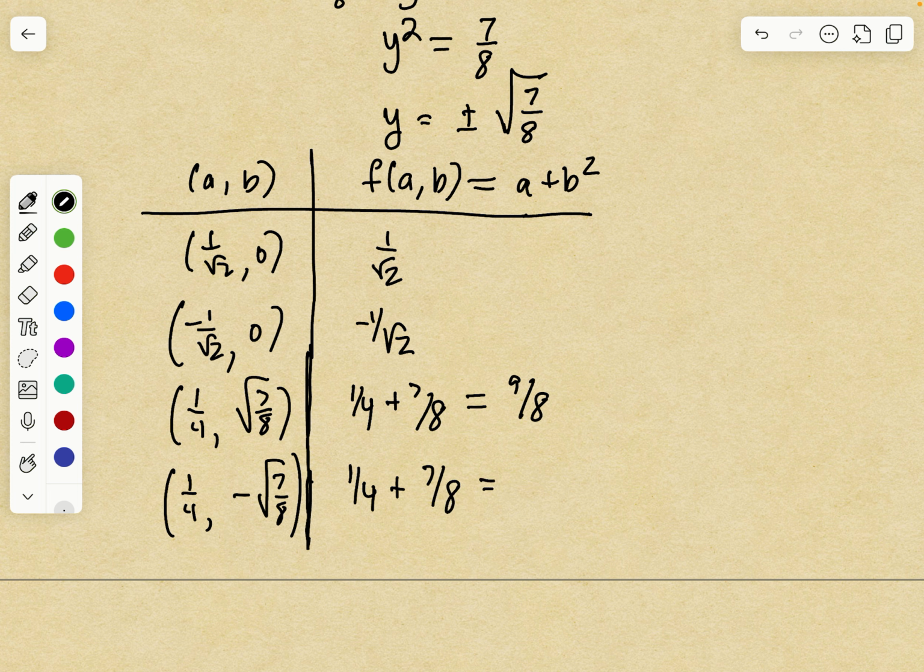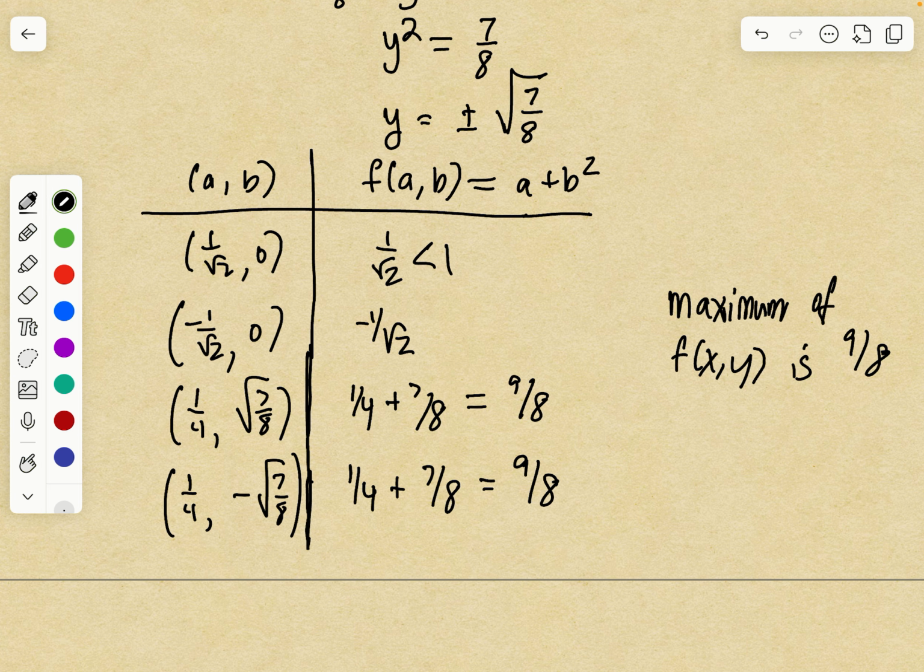And then you get 9/8. So which of these is the biggest value? See, notice that the root 2 is bigger than 1, so 1 over root 2 is less than 1. So you know that 9/8 is bigger than that. So the maximum value of the function is 9/8.